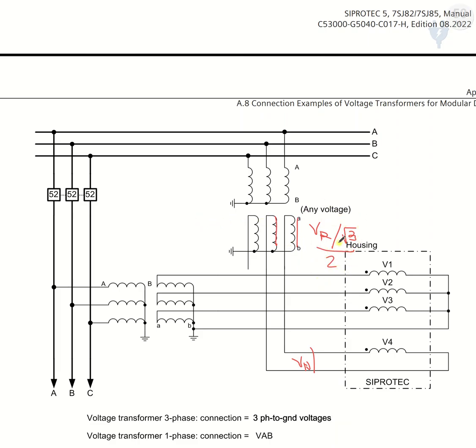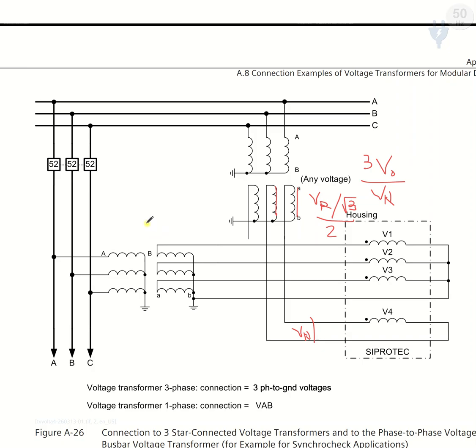This condition is the relation of 3V0 divided by Vn. Then instead of Vn we replace this amount in this formula. In this example, the phase windings are the same as we have discussed before.